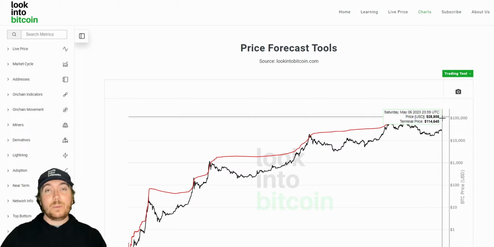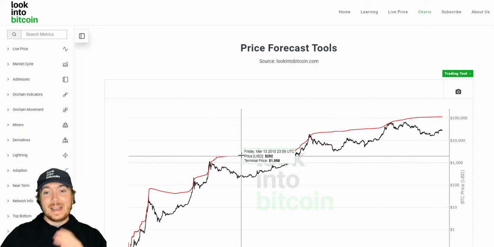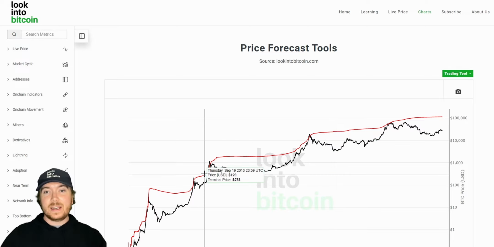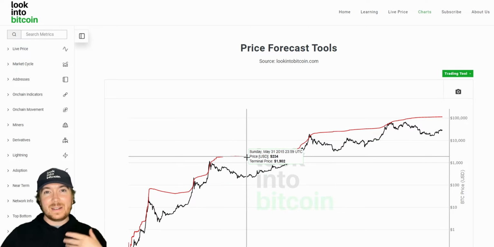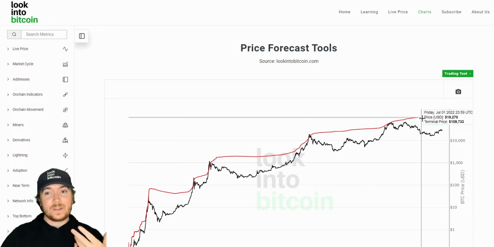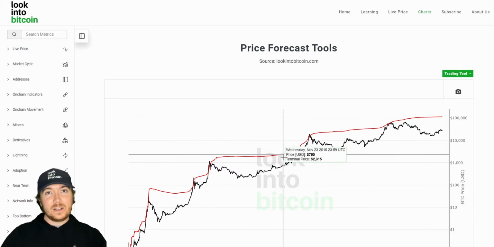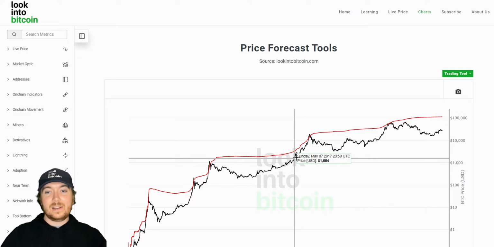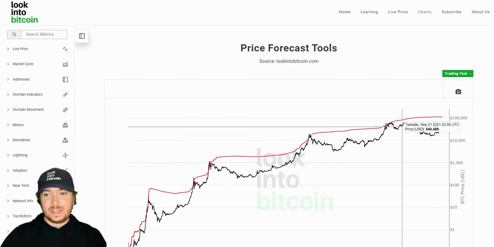What we also have to acknowledge is that in every one of Bitcoin's transitionary periods, moving from a bear cycle to a bull cycle, this terminal price has remained fairly constant, sort of what it has done for the previous few months, and only begins to rise exponentially to the upside in the tail end of a bull cycle, as price catches up and crosses each of the previous cycle peaks.